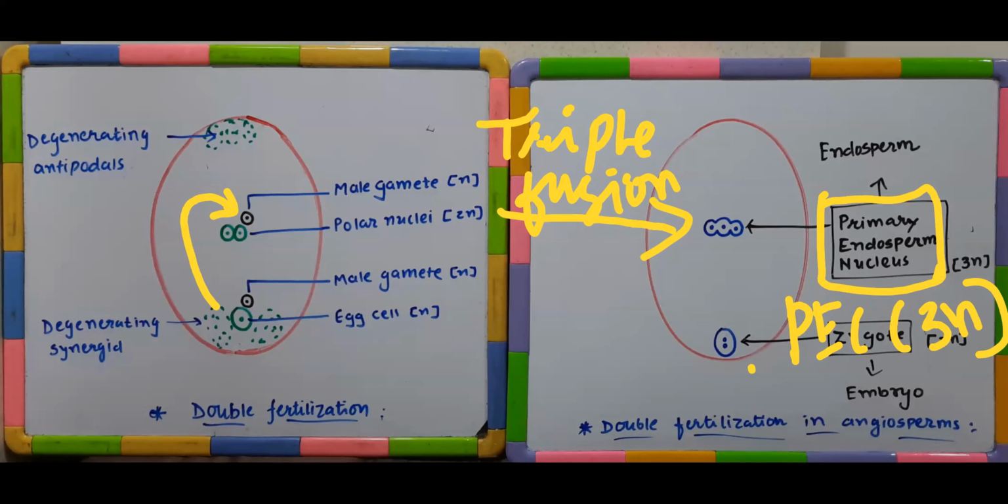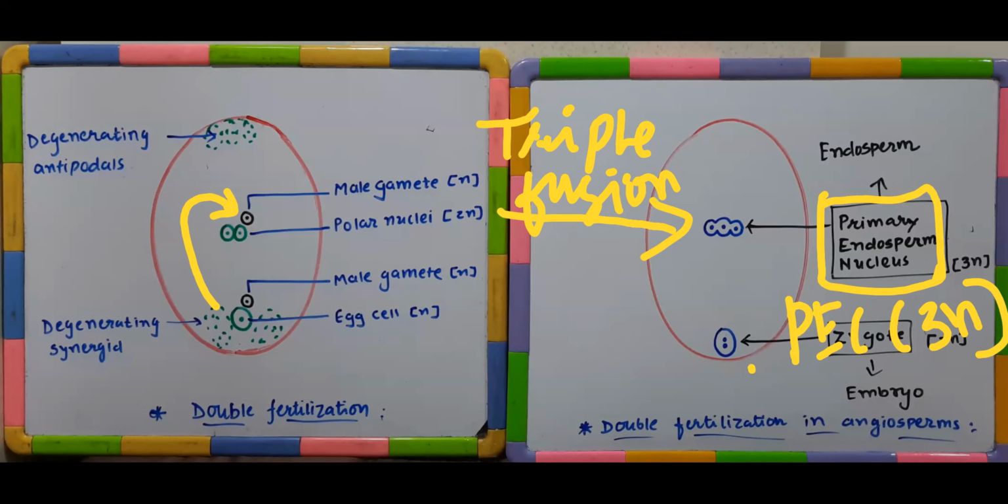Collectively, it makes 2N plus N, which gives 3N. As three nuclei are involved in this fusion, the process is identified as triple fusion.